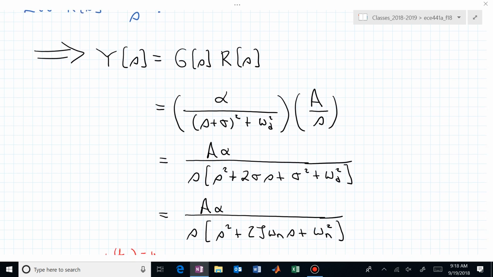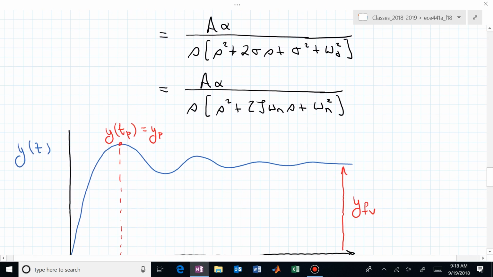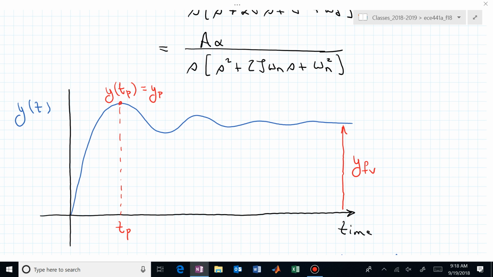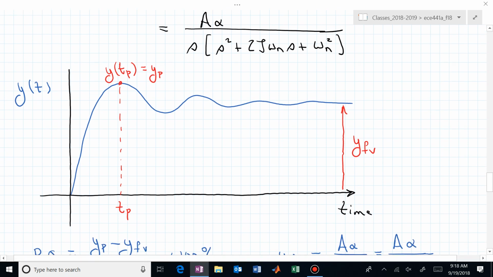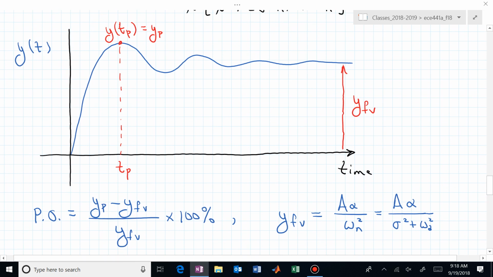Or, written in terms of zeta and omega sub n, we could write the denominator in terms of those two parameters. You give me omega sub n and zeta, that's the same as me giving you sigma and omega sub d. And we want to now try to connect those with this time domain step response.